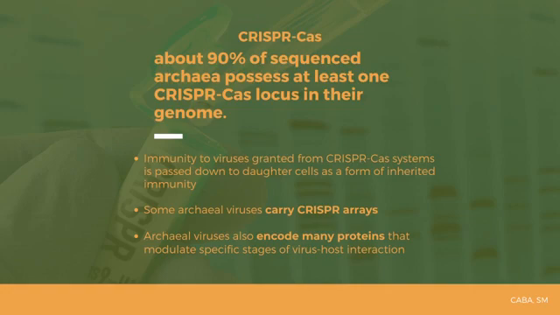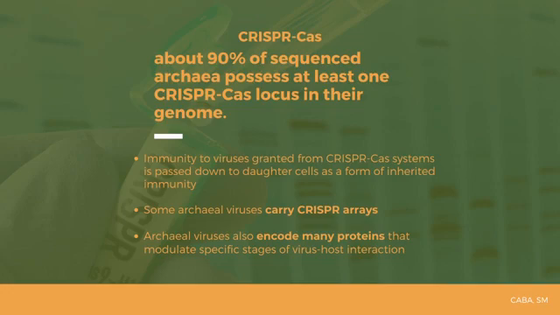CRISPRs are transcribed to produce CRISPR RNA, which can neutralize foreign genetic elements via base complementarity. Immunity to viruses granted from CRISPR-Cas systems is passed down to daughter cells as a form of inherited immunity. Archaeal viruses can, at least temporarily, avoid the CRISPR-Cas targeting system through changes in the target sequence.